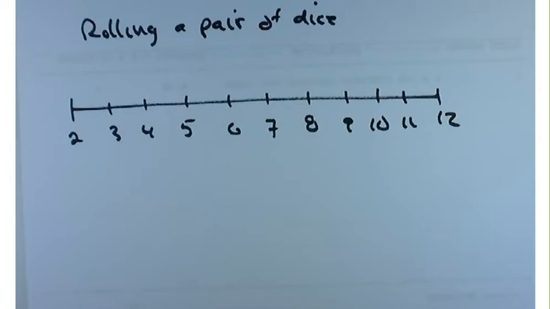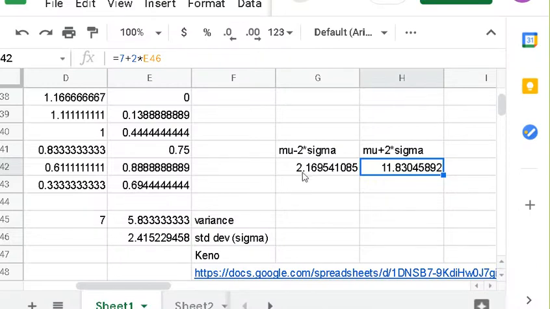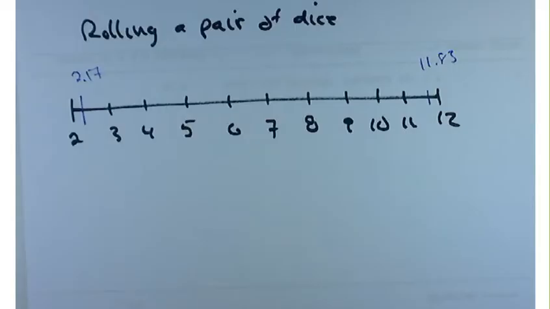What was typical goes all the way down to 2.16. So let me put a little mark there. We'll call it 2.17. And then on the top end, 11.83. So something like this. So these are our typical values.